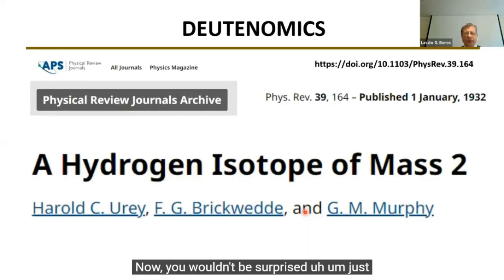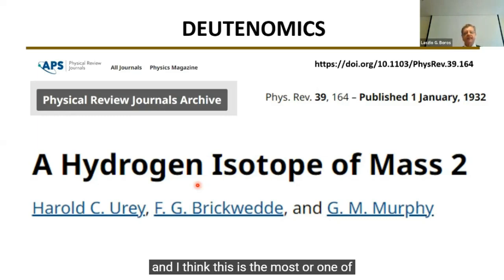Now, you wouldn't be surprised by the first introduction of this hydrogen isotope by its mass. And this is the original paper by Dr. Harold Urey, who actually discovered deuterium, and he introduced it by its increase of mass scale compared to hydrogen, which, as we all know, is 1 Dalton.